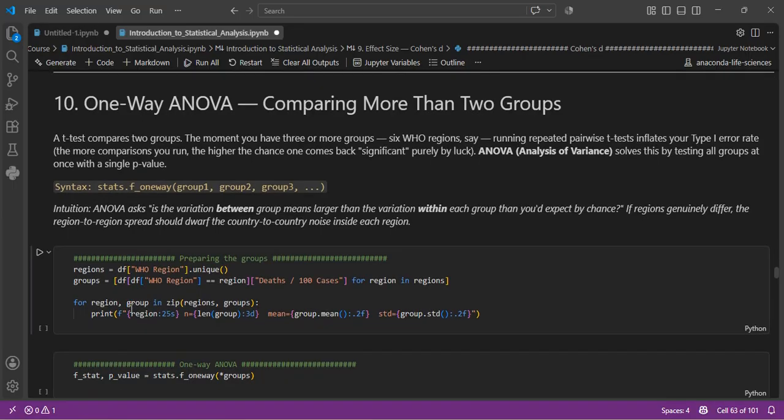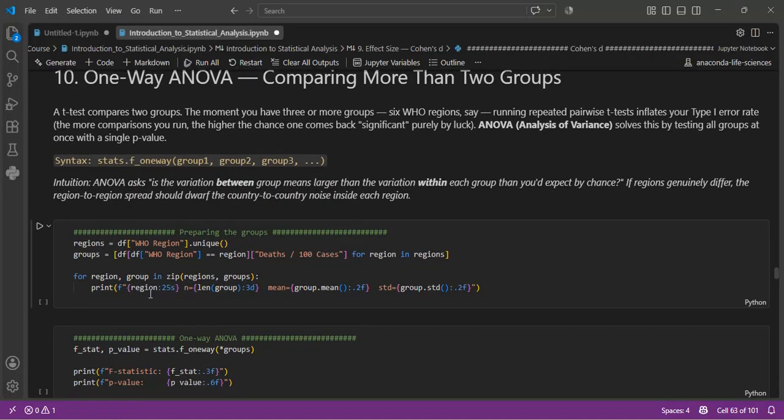Okay, so you can see that previously all that we have been doing is comparing exactly two groups. So what if we have more than two groups and we want to compare? Then we need to use the ANOVA. The ANOVA tests all groups at once with a single p-value.